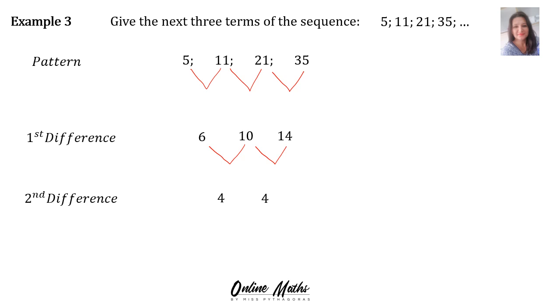Now, to get to the next term, you know that the second difference is 4. You take this second difference and add it to 14 to get 18. Then you take the 18 and add it to 35, and the next term in your sequence is 53.